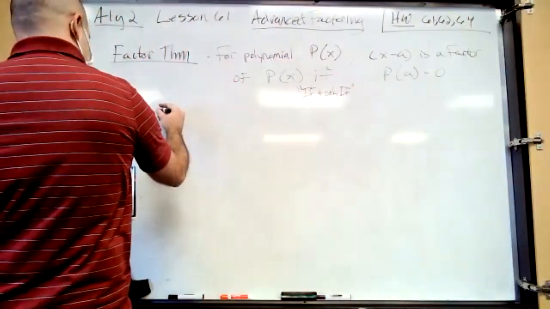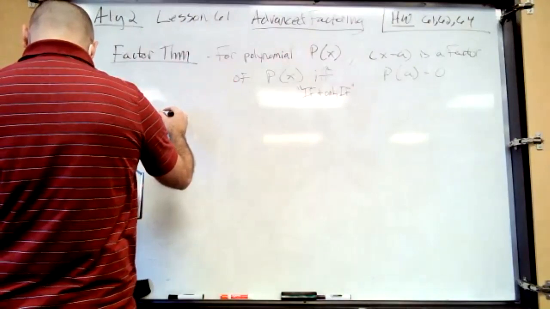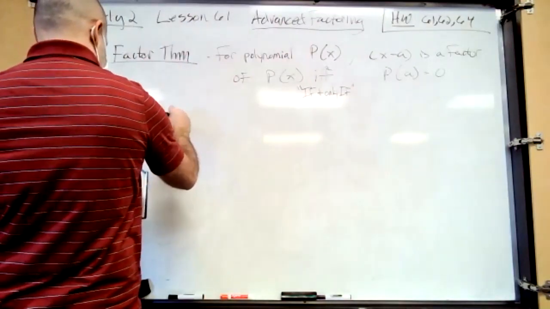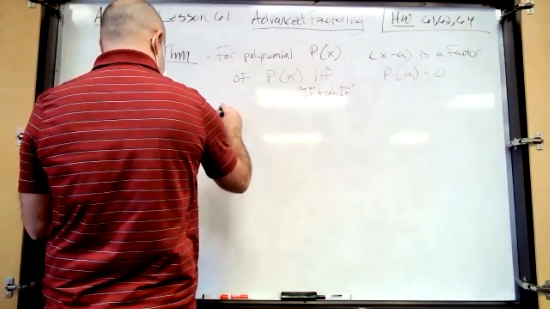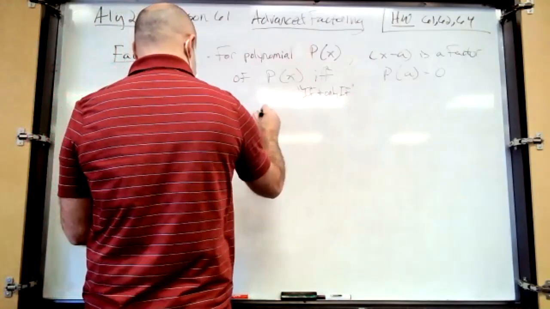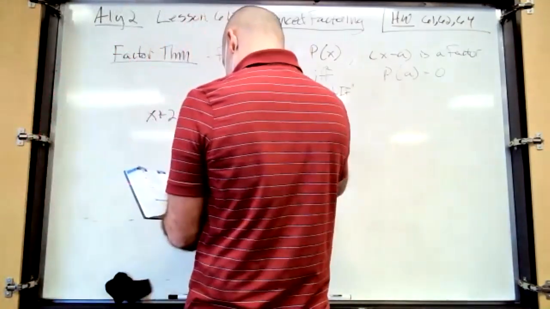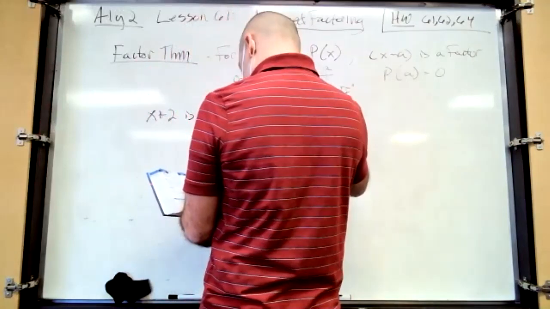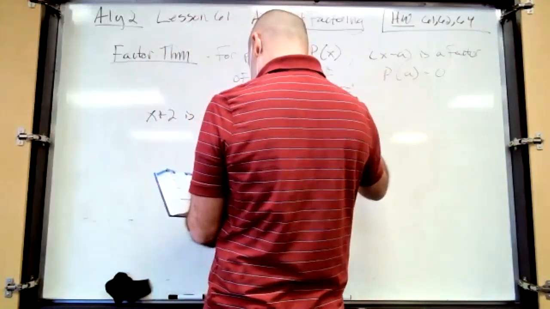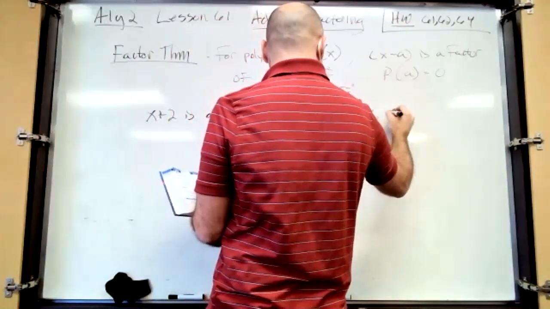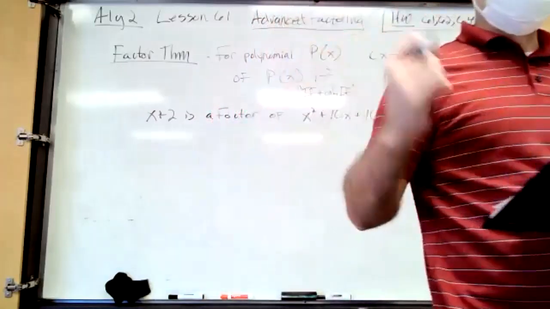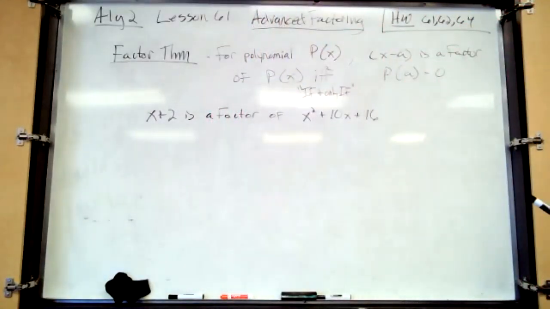Let's say x plus 2 is a factor of x squared plus 10x plus 16. Well, according to this theorem, if I plug in -2, I should get 0. Do I?